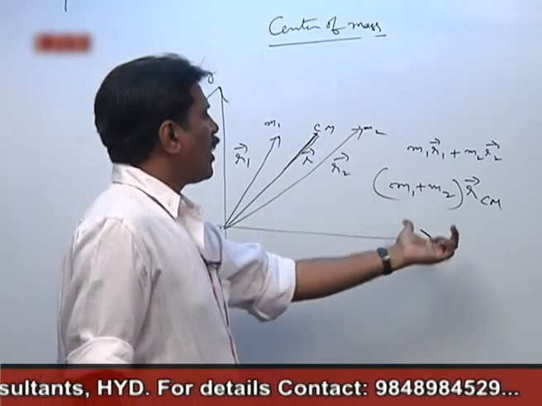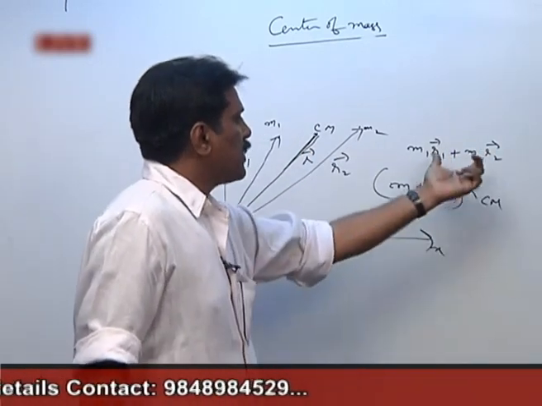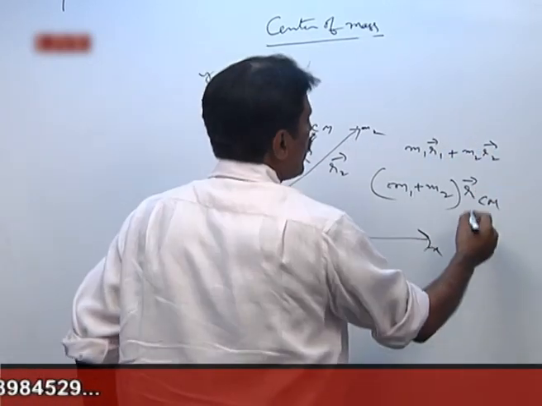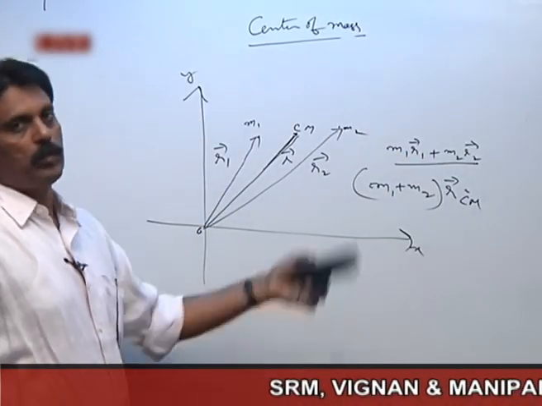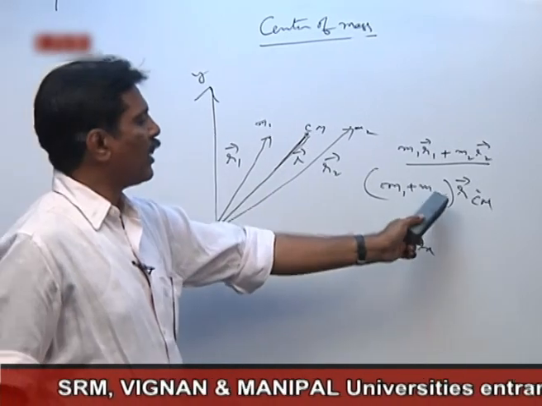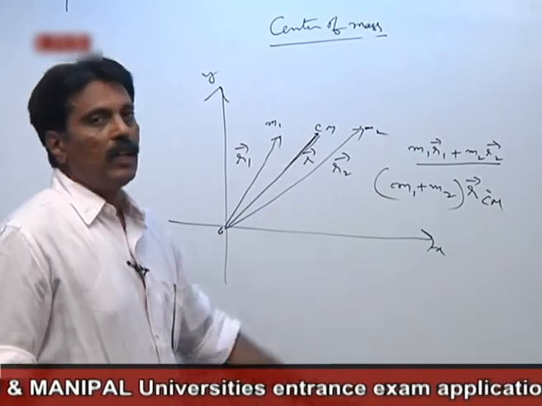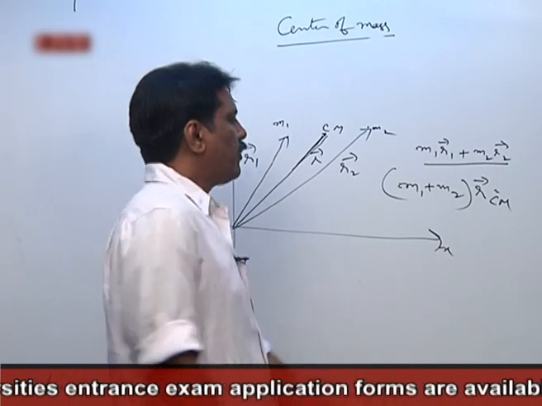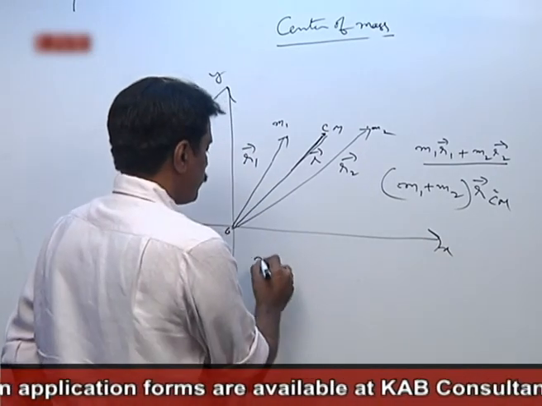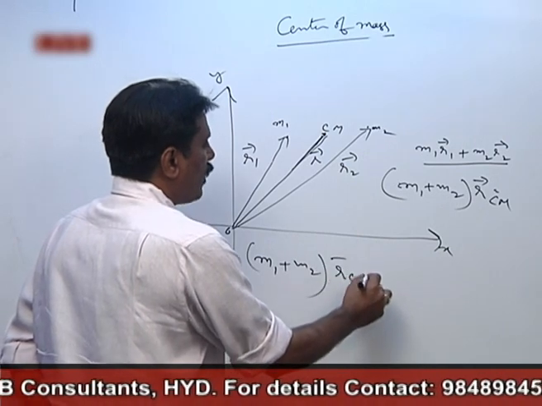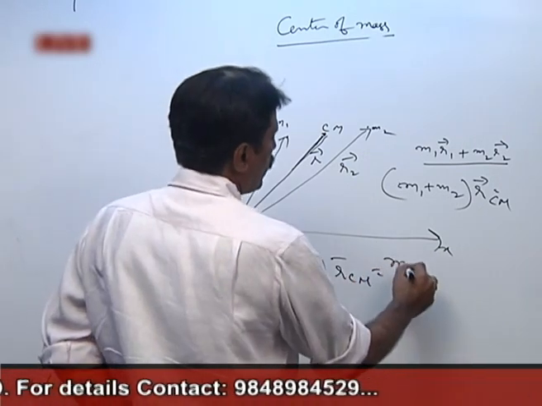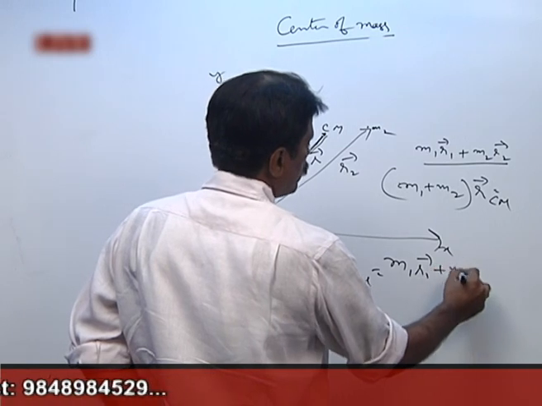Now, because center of mass should represent the total moments of all the particles, this must be equal to the sum of the moments of m1 r1 and m2 r2. Therefore, we can write m1 plus m2 into r center of mass is equal to m1 r1 plus m2 r2.